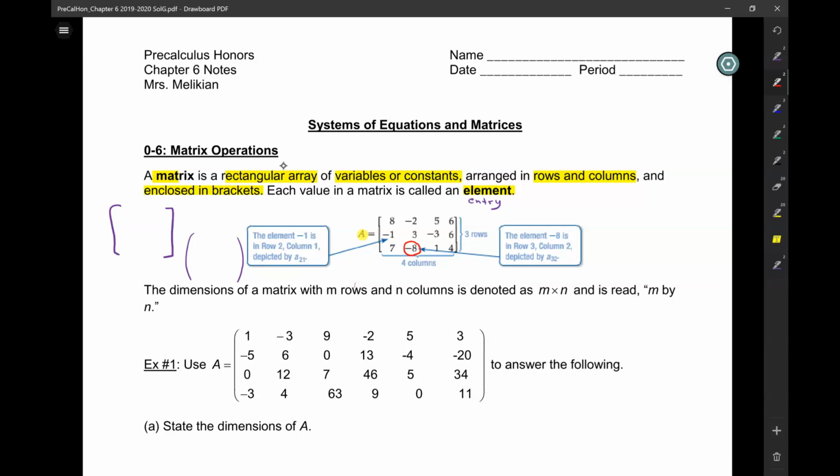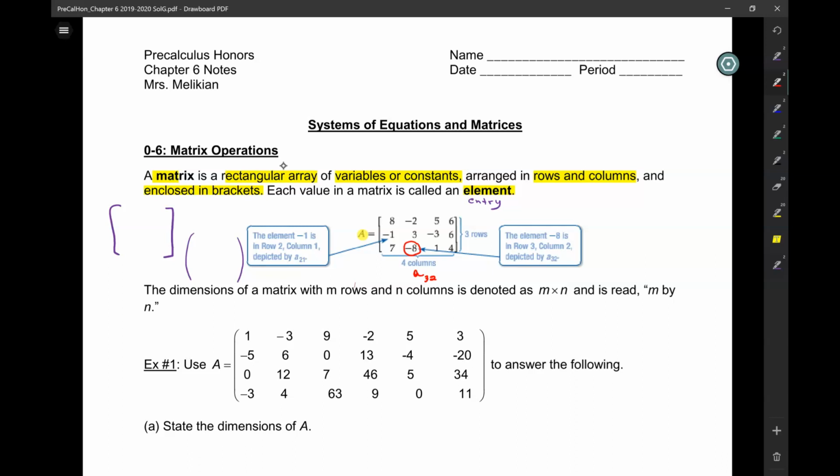It's in the 3rd row, column 2, correct? So, if the matrix is capital A, each of the elements will get the symbol little a, and then row, column. So little a, row 3, column 2. All right? So, if this is the first row, then these are a11, a12, a13, a14, and so on.